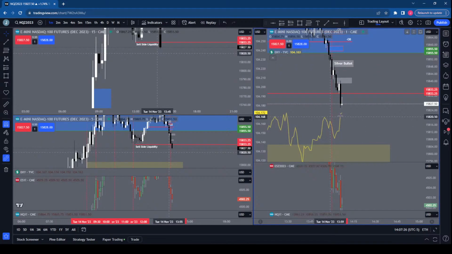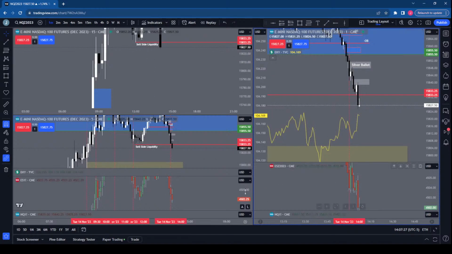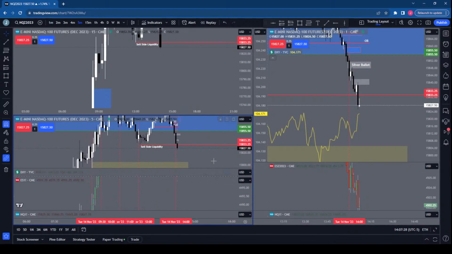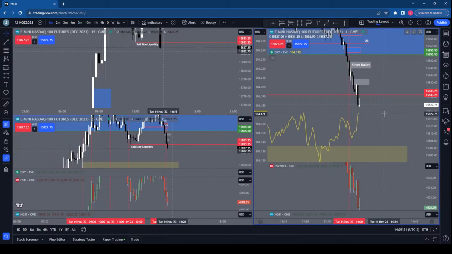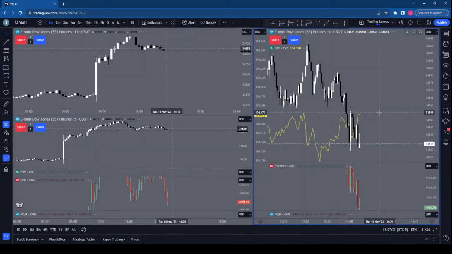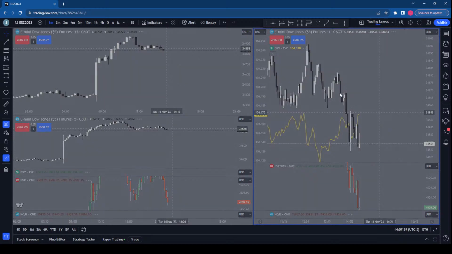Dollar taking that high. ES also broke that low. I'm going to take a quick look at ES. Come on.